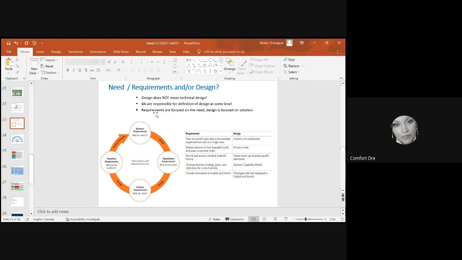So you're bringing shapes to help whoever it is, maybe the business or your stakeholders or your colleagues, to understand a particular process, from where the process is starting and how it flows.